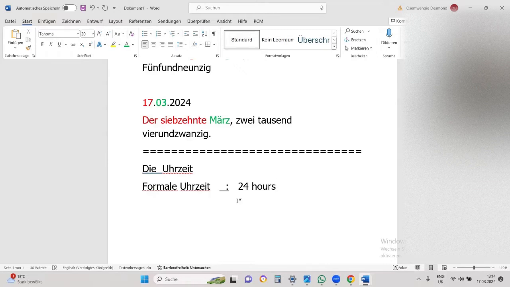And we have the informal Uhrzeit, which is the 12 hours clock plus Tageszeit, time of the day: is it morning, afternoon, or evening? So with these two ways you can express time.